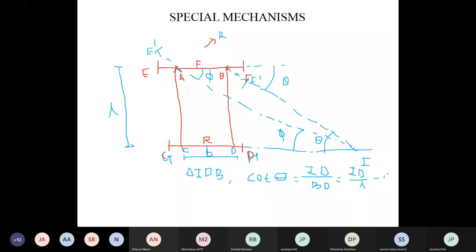Similarly, you have to consider the second triangle, your ICA. And you have to find out here cot phi is equal to anyone? Consider triangle CIA.